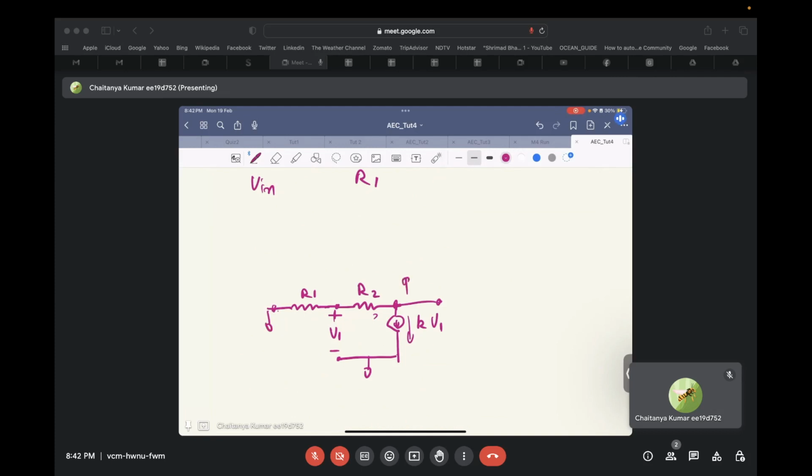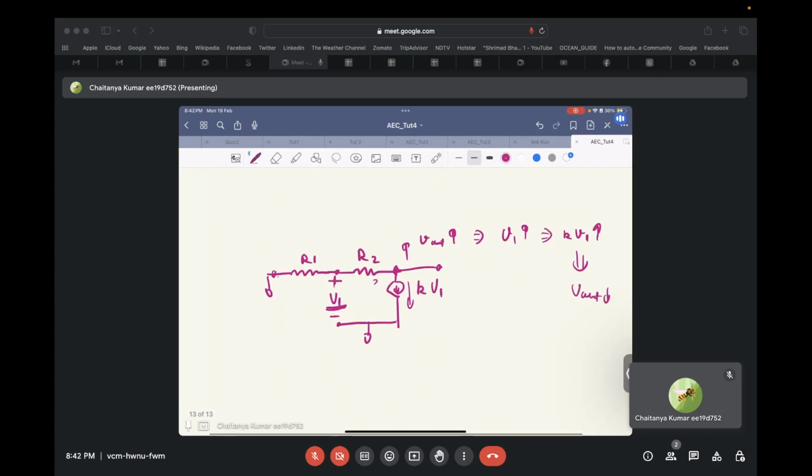So if V out tries to go up, that means V1 will try to go up, and if V1 tries to go up, that means K times V1 current will try to go up, and this current is basically being pulled out of this node V out. So this will result in V out going down. So this means that the circuit is in negative feedback.